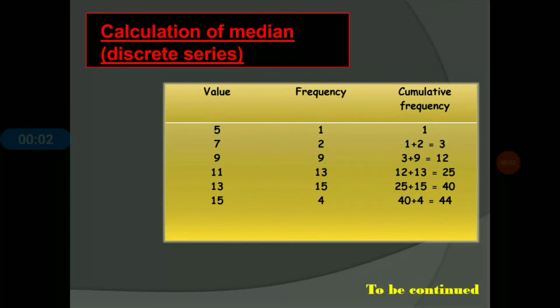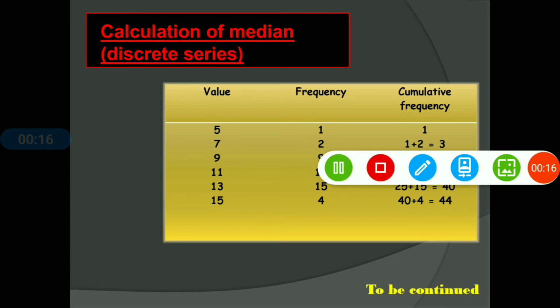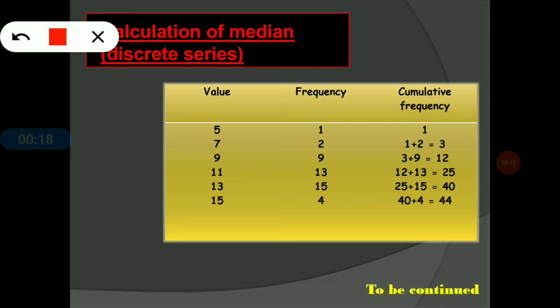So, here we can see another calculation process of median, which is in discrete series, and we have 6 variables. So this is an even number series also, and we can see there are 3 columns. The first column indicates a value, the second column indicates a frequency, and the third column, the most important column, indicates a cumulative frequency.